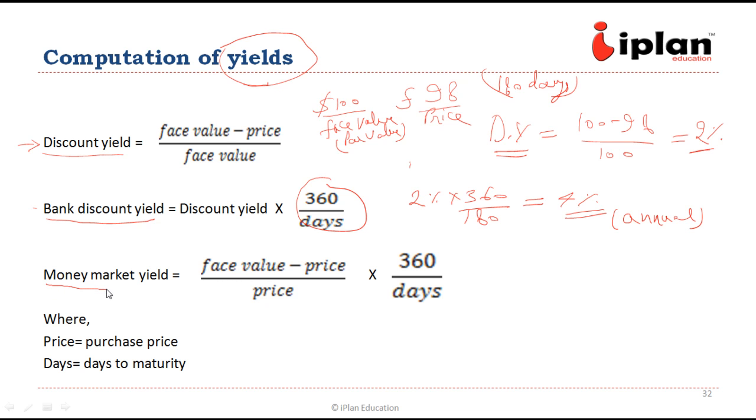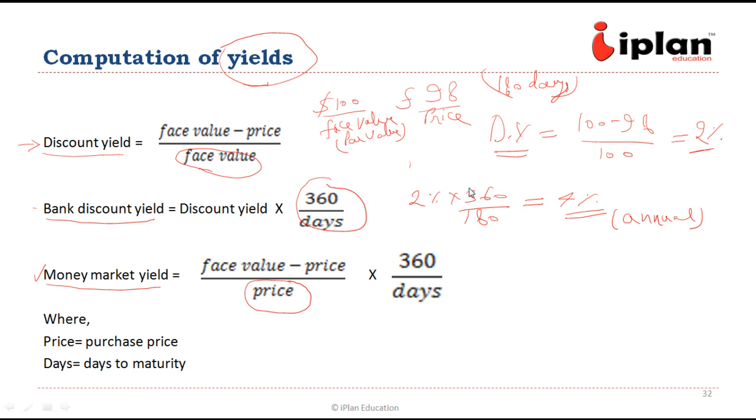Now the convention in the money market is different. The difference is we are counting the ratio with price in the denominator instead of the face value.